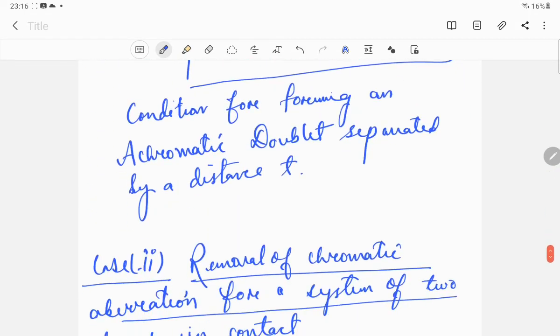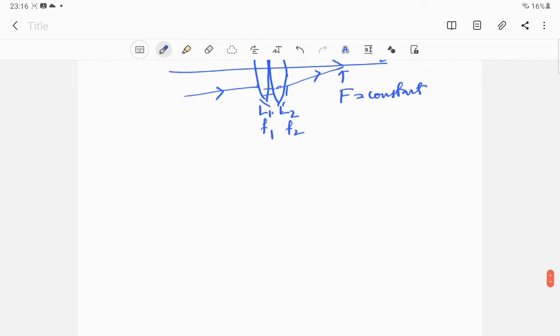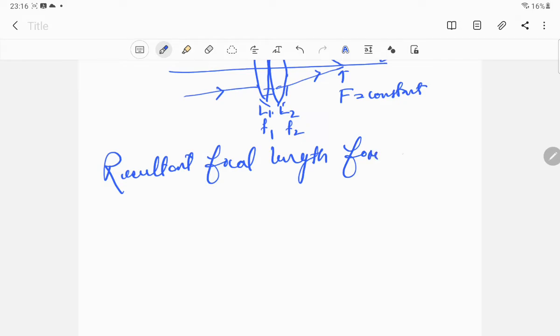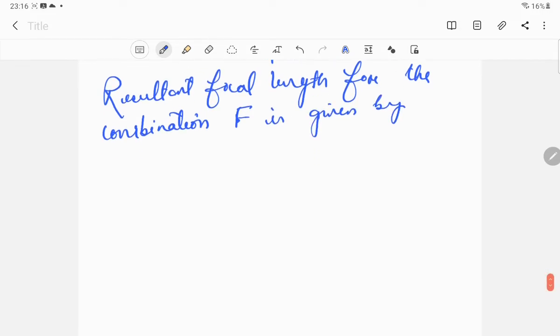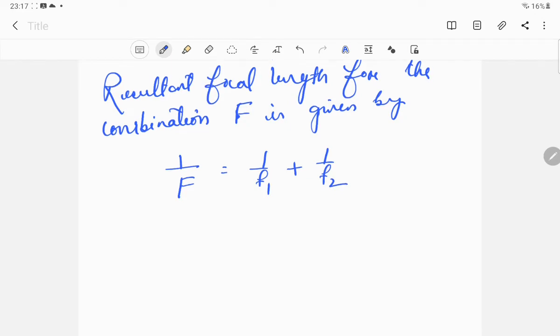So what we will write, that the resultant focal length for the combination f is given by 1 by f equal to, obviously 1 by f1 plus 1 by f2, because t is equal to 0 now.